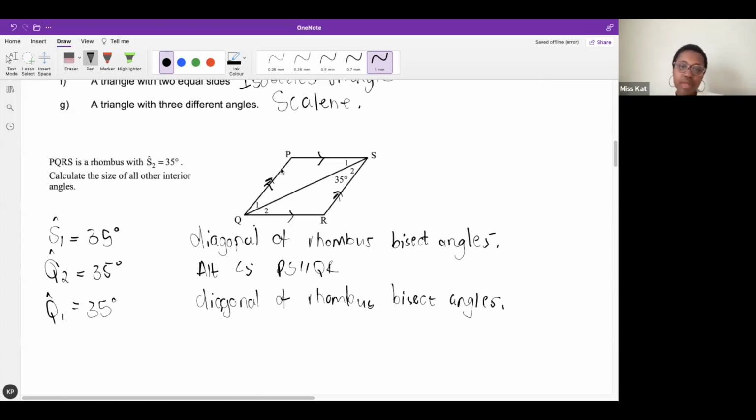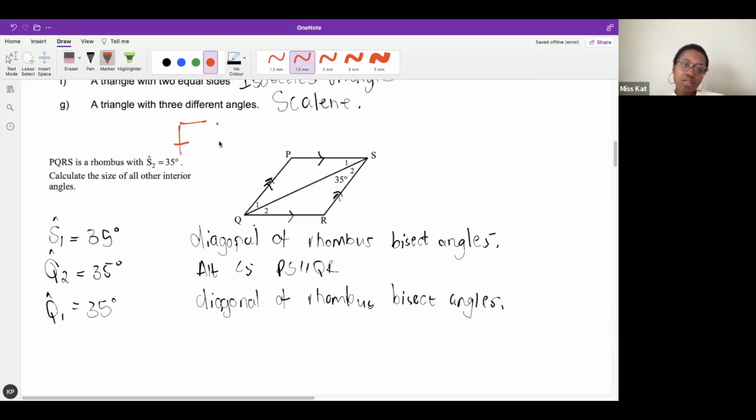Okay, now we're left with angle P and angle R. It's here. Angle P and angle R. Don't forget your fun rules, guys. That's a very nice clue for you guys. Yes, Raven? Yes, Chichi, your parallel line rules.